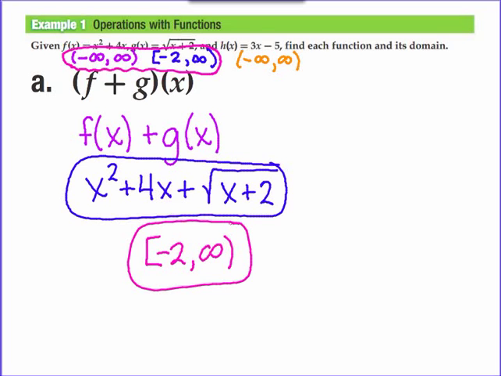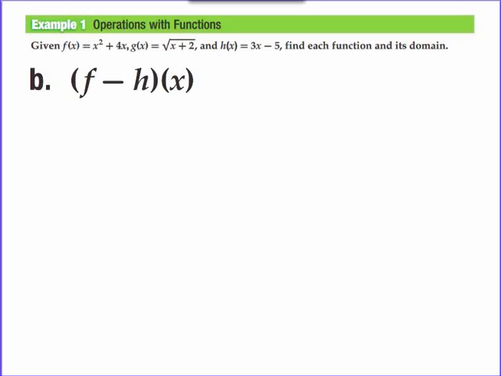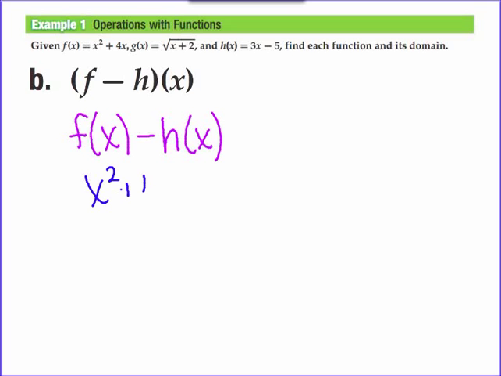So let's look at another problem. This one is the exact same problem, except this one is f minus h of x. So from that first diagram, what that means is f of x minus h of x. So I just need to plug in. I know that f of x is x squared plus 4x minus h of x, and I know h of x is 3x minus 5.